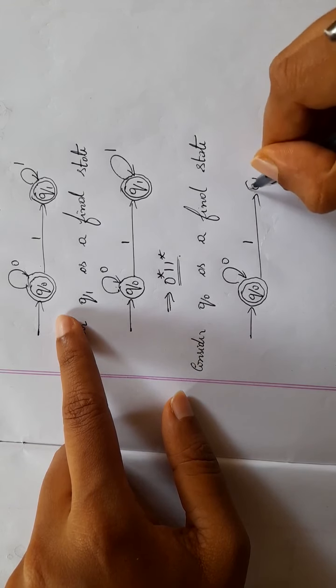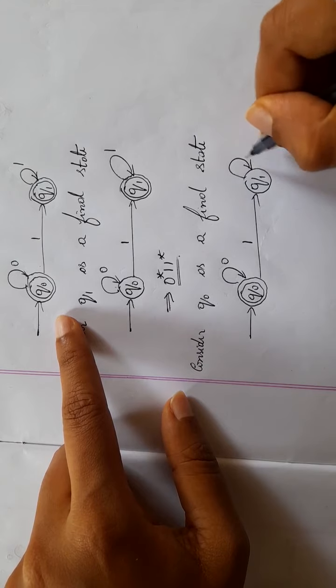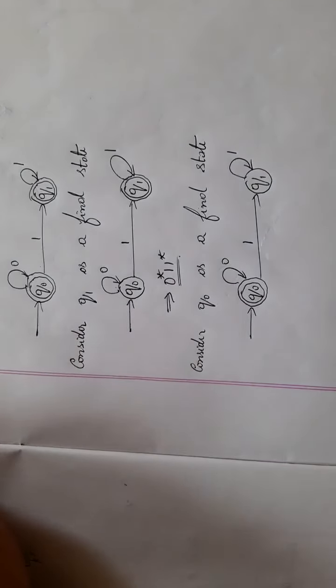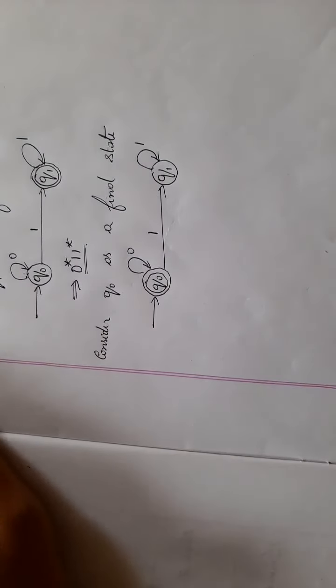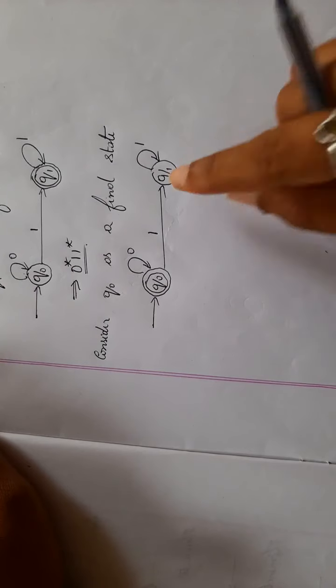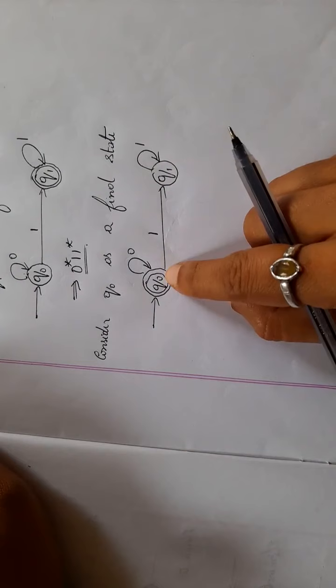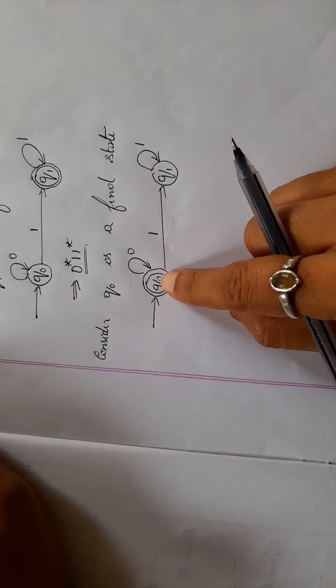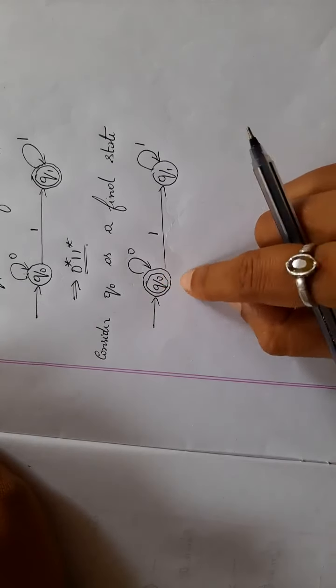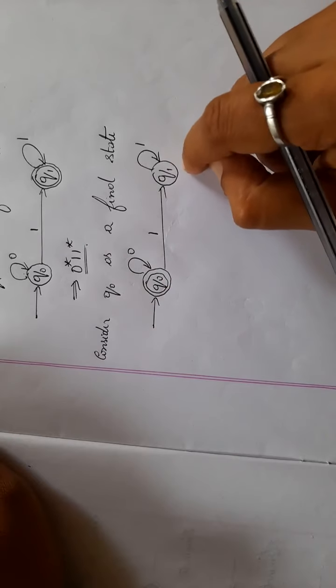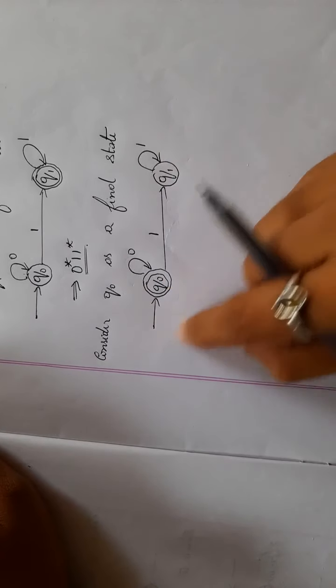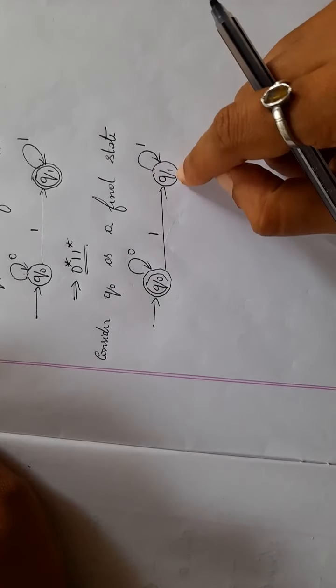Q1 will not be a final state now. So when I consider only Q naught as a final state, what about this Q1? You know that the accepting state should come here, and I don't have any connectivity here. It means that for this FSM, Q1 will be the trap state.